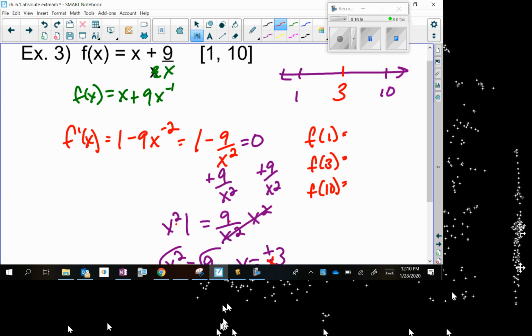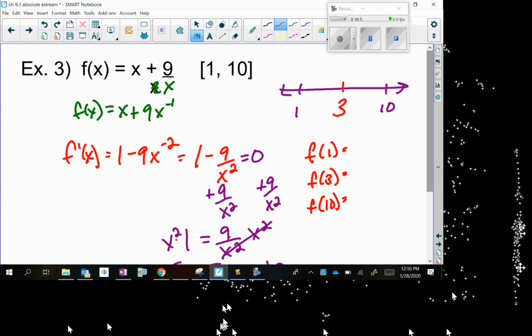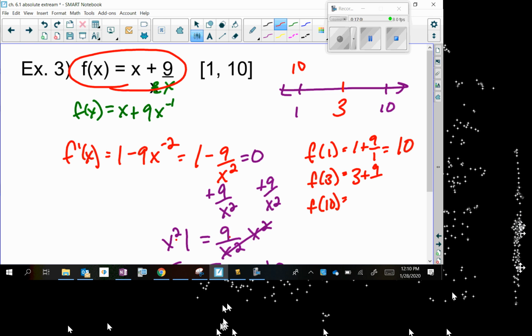So again, I'm just going to plug these in by hand because sometimes that's even easier. So if I plug in a 1 into my original function, I get 1 plus 9 over 1, which gives me what? 10, right? If I plug in 3, I get 3 plus 9 over 3, which gives me what? 6, right? 9 over 3 is 3.